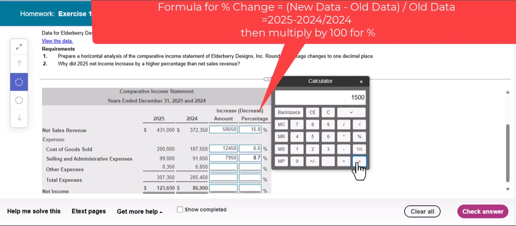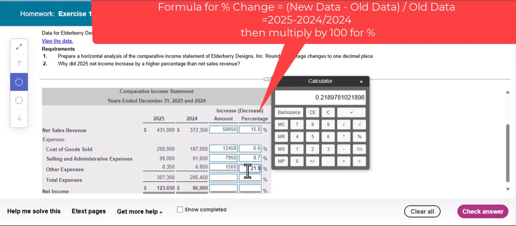And that change is 1,500. So that is an increase of 1,500. And then again, to get the percentage change, we divide by the old year amount of 6,850. So let's check what that is. So that is a 21.9% increase here. And again, we were rounding.